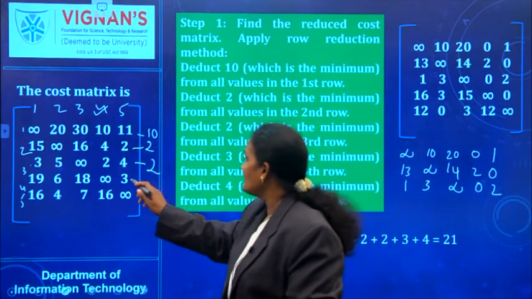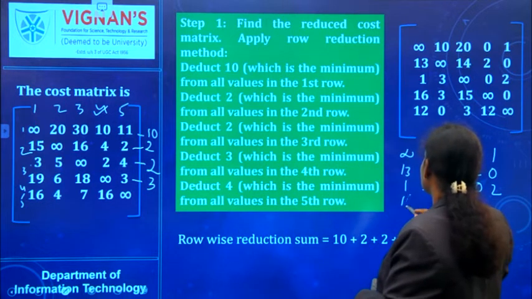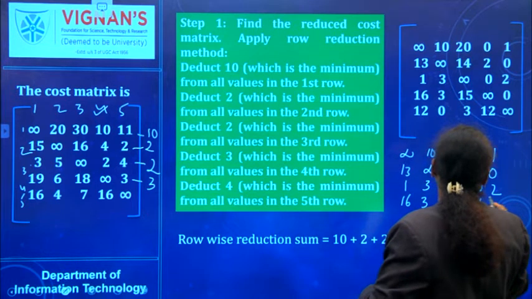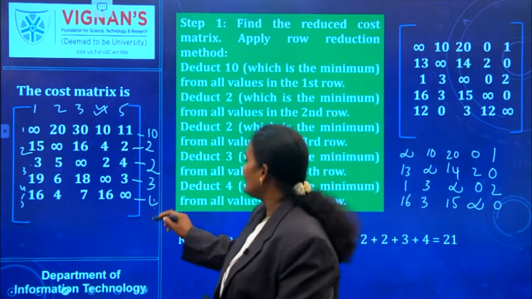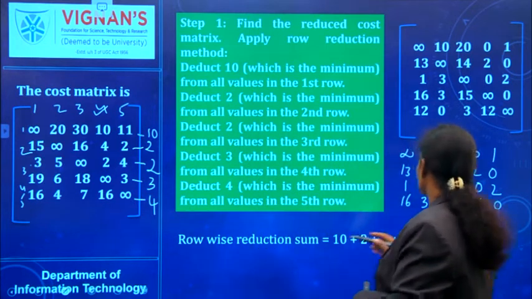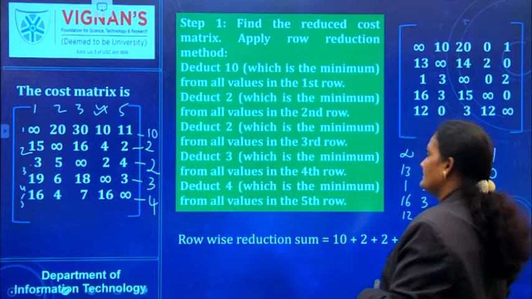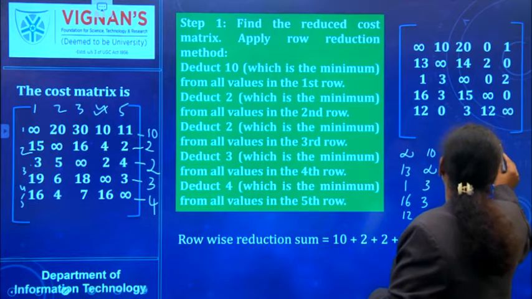Now in the fourth row, what is the minimum entry? 3. Now what we get is 16, 3, 15, infinite, 0. Now in the last row, what is the minimum entry? 4. That gives 12, 0, 3, 12, infinite.